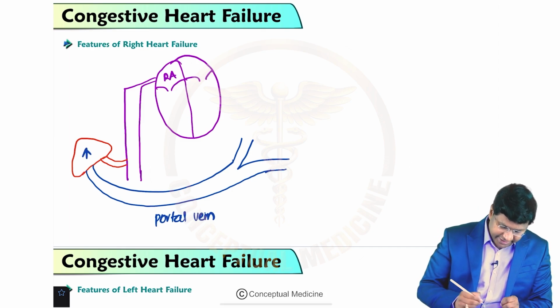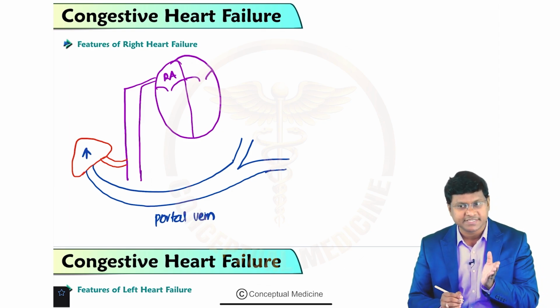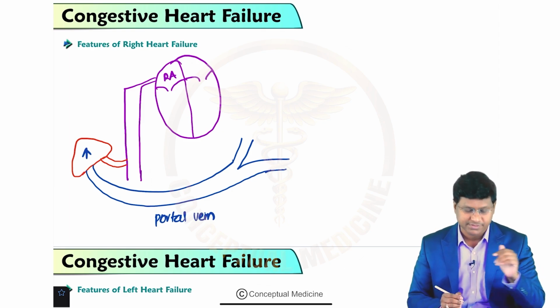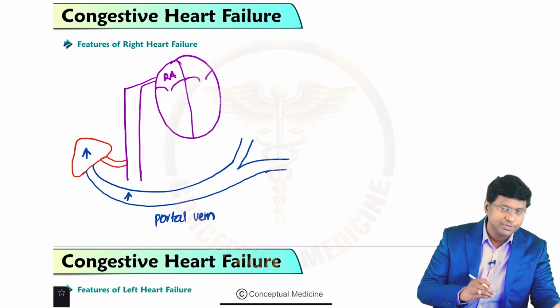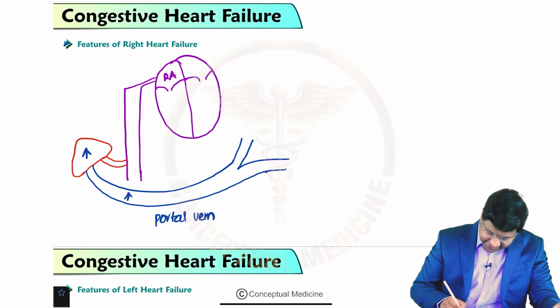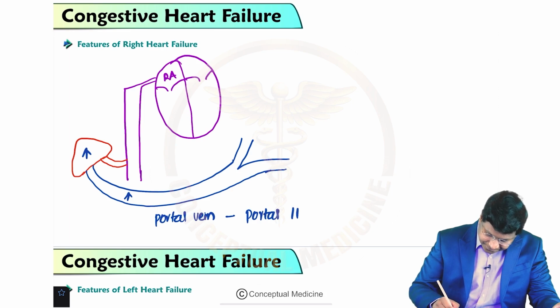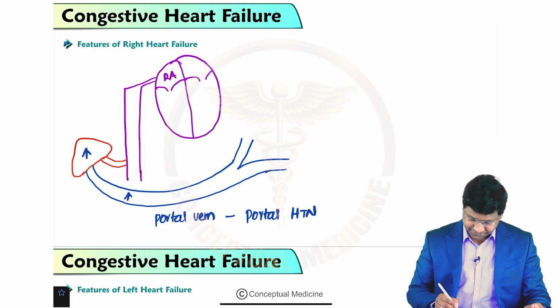And just now what did I tell you? There is congestive hepatomegaly. The pressure within the liver is increased because the liver is unable to drain the venous blood into the hepatic veins. So subsequently, the portal vein is unable to drain the blood into the liver, and thereby the portal venous pressure increases, and that will make the individual develop portal hypertension.